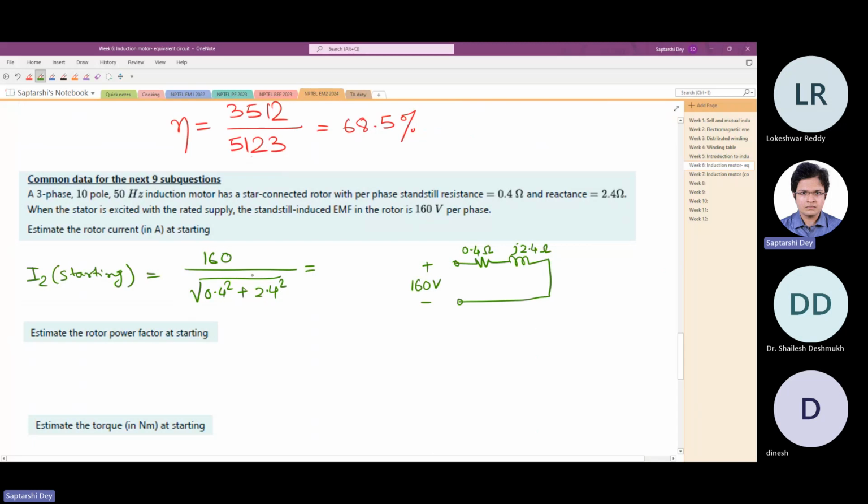And this will give some 65.75 ampere of current.